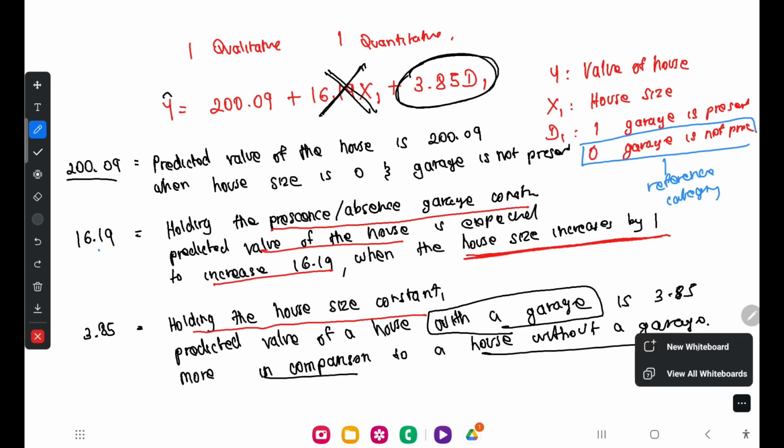Now let's move on to the final example where we'll be including one quantitative and one qualitative with more than 2 categories.